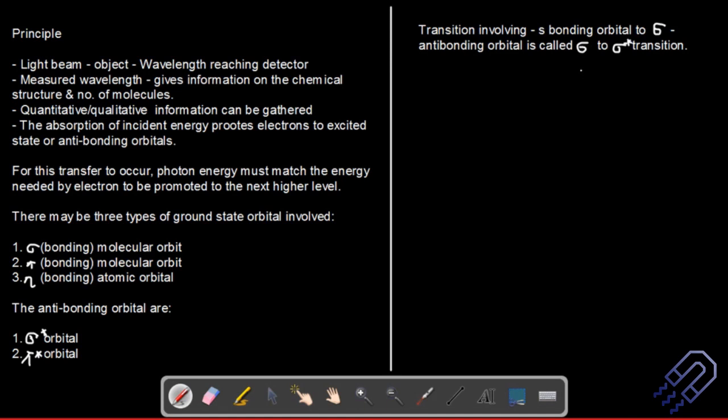So whenever we have got a transition from sigma to sigma star, it is as good as the same transition from S bonding orbital to sigma anti-bonding. Both mean the same thing, equivalent. So this is important to know.